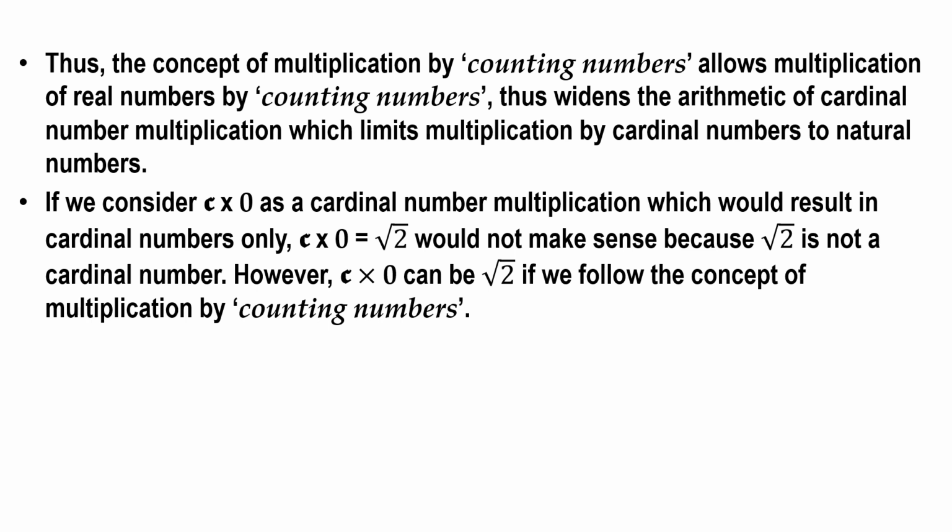If we consider C multiplied by 0 as a cardinal number multiplication, which would result in cardinal numbers only, C multiplied by 0 equals square root 2 would not make sense because square root 2 is not a cardinal number. However, C multiplied by 0 can be square root 2 if you follow the concept of multiplication by counting numbers.